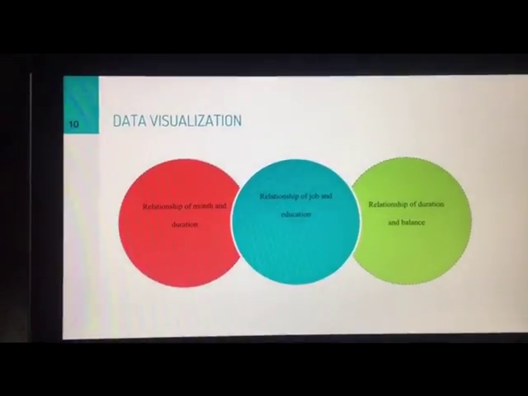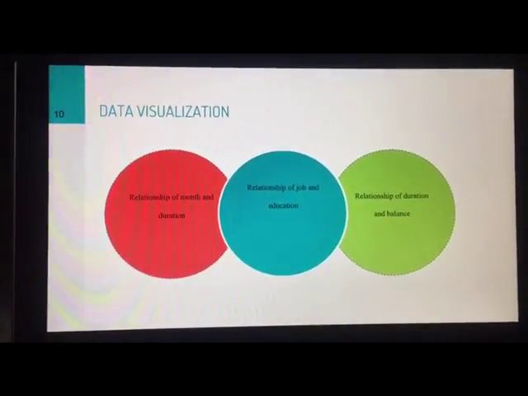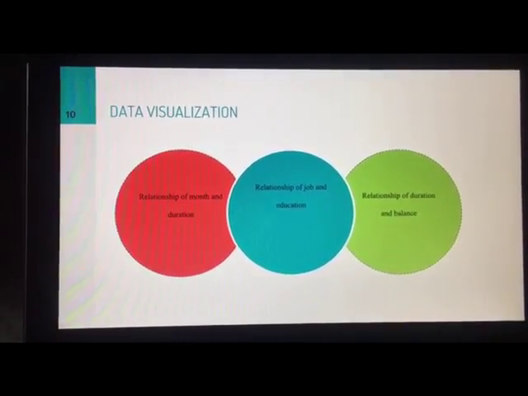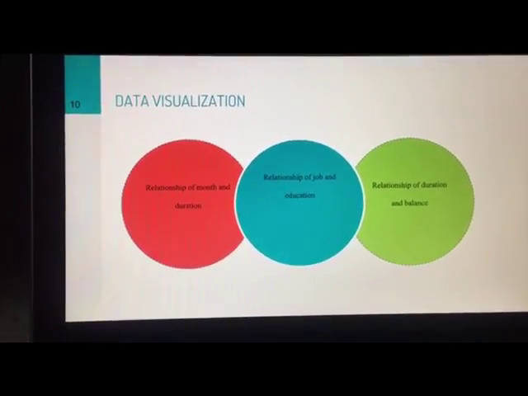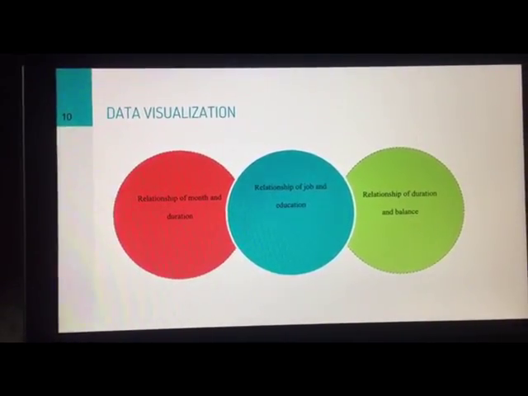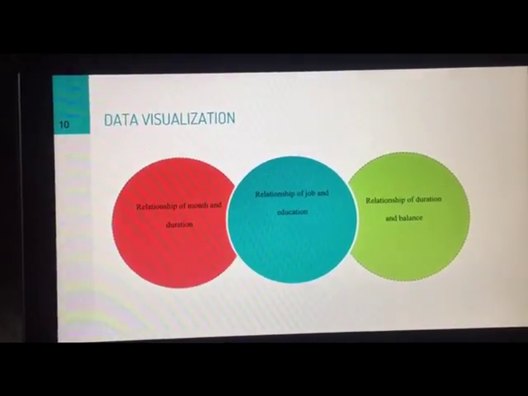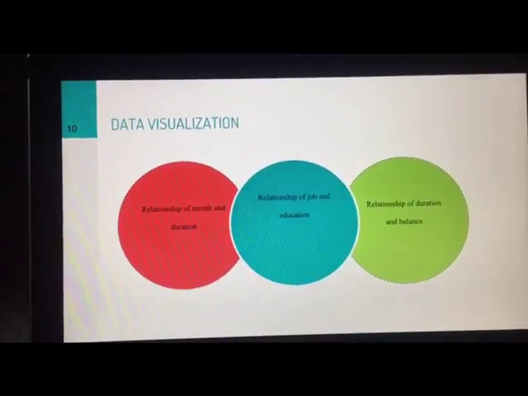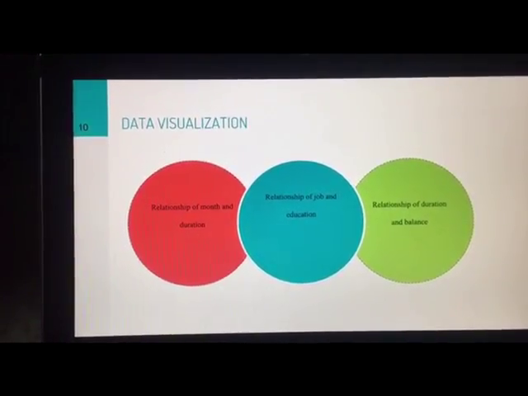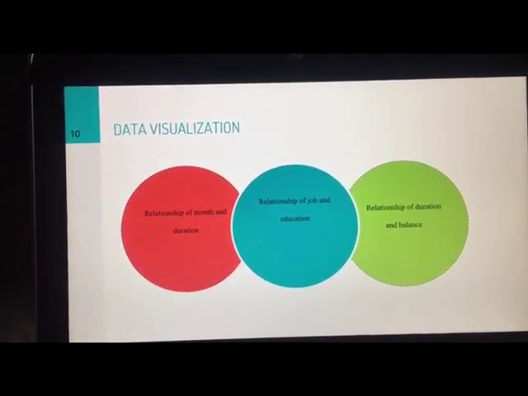For the next part, we are going to talk about the visualization of the data. For the visualization, we have used the application called Azure, and for this part we have chosen three visualizations, which are the relationship of the month and the duration, the relationship of the job and education, and the relationship of the duration and balance.